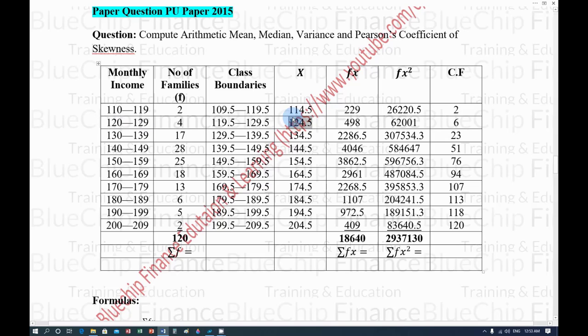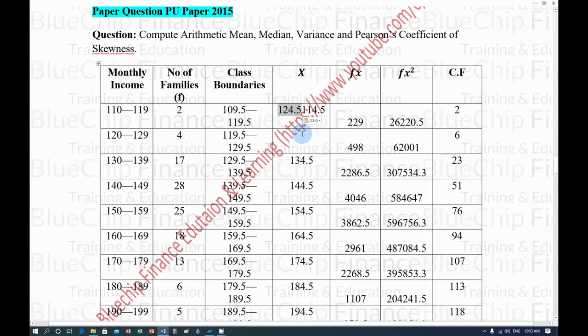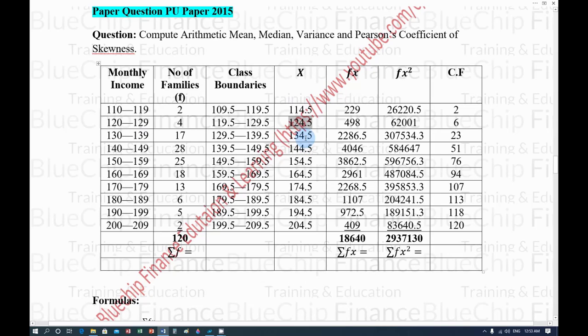So there is a difference of 10. Just add this difference of 10 to the next values. So 114.5, 124.5, 134.5, 144.5, 154.5 and so on.